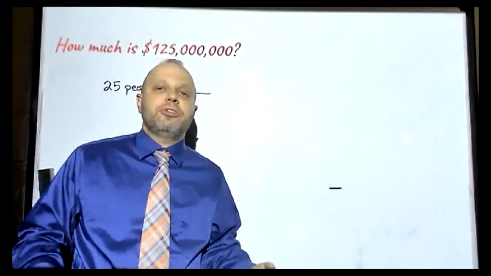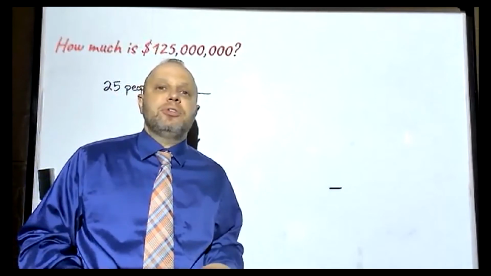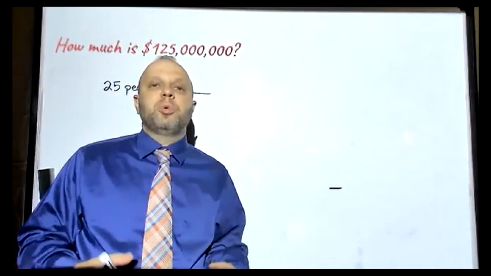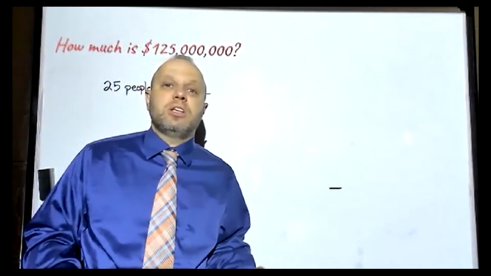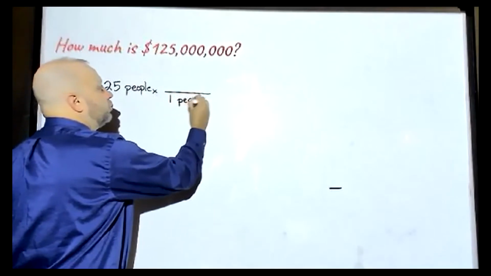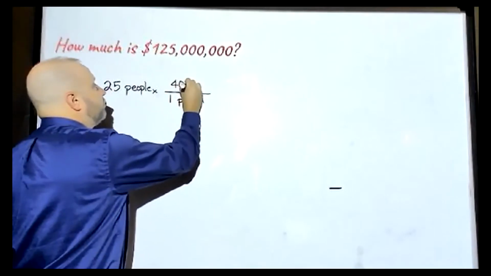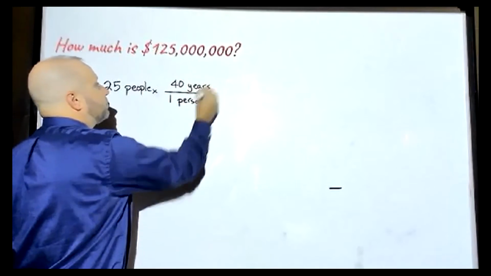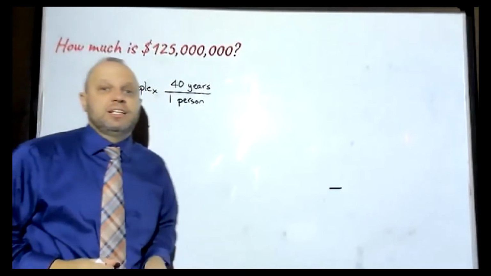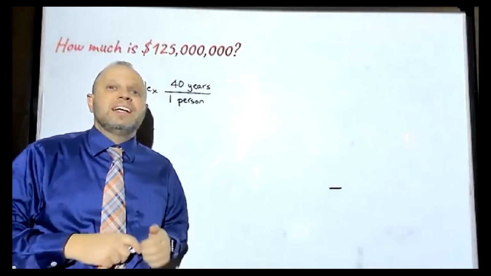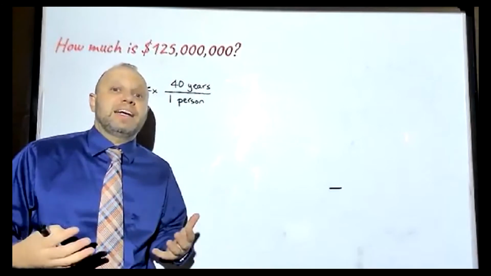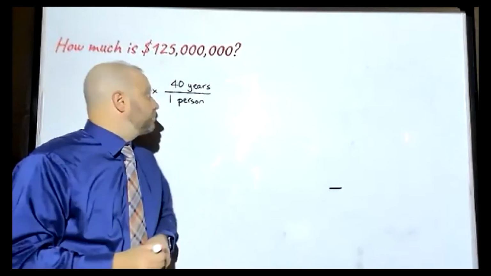So let's say we get our first job at 25 years old and we hopefully retire around 65. So every one person will work for 40 years. Now, 25 times 40 is about 1,000 years of work combined between all 25 of us.